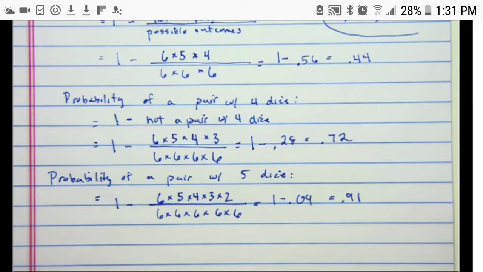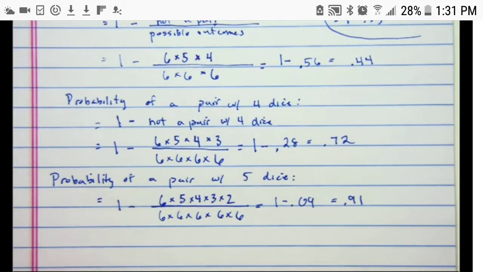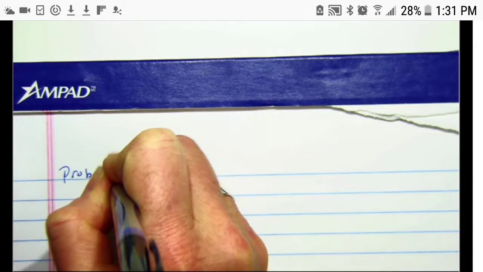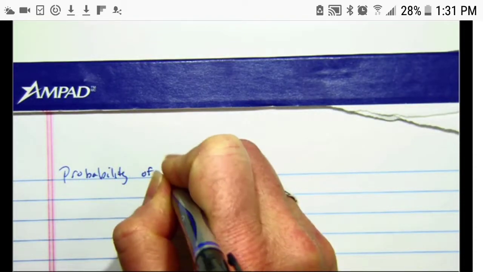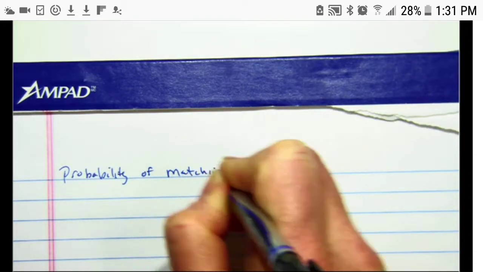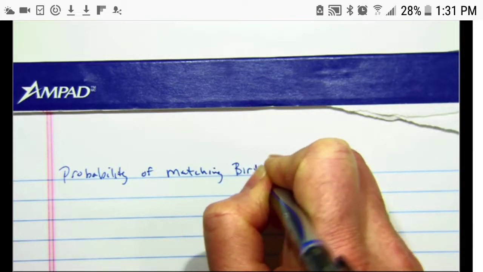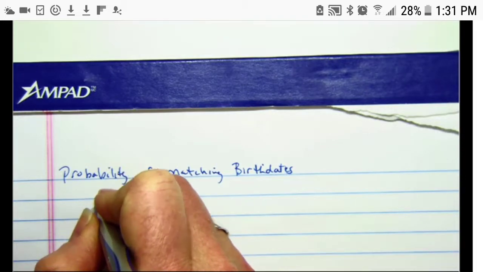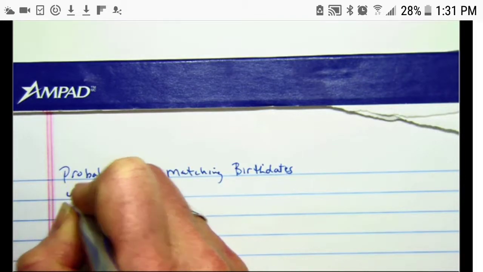Now, do you remember when we talked about the probability of having a shared birthday? We said that the probability of having a shared birthday was 90% with 41 people in the room, which seemed really, really different. So we're going to look at the probability of matching birth dates and see why the probability came out like it did.